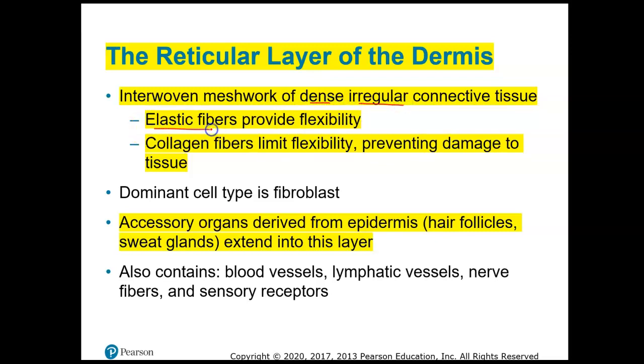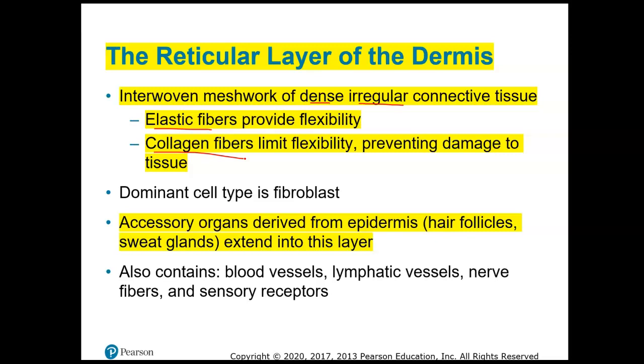It contains elastic fibers for flexibility, which we call elastin, and collagen for strength. Both of these fibers break down as we get older, so we don't have elasticity or strength in our skin anymore like we did when we were younger.